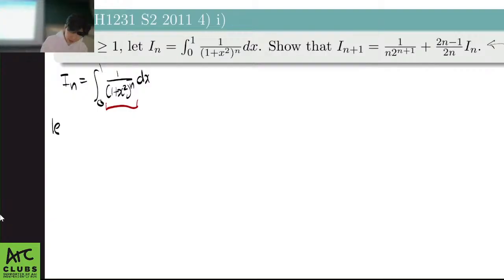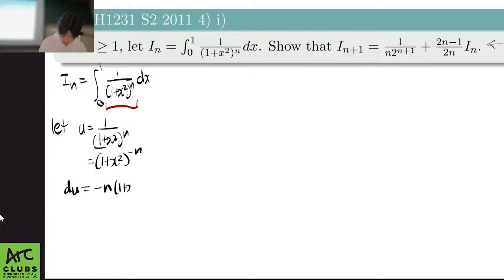So I'm going to let u equal 1 over (1 plus x squared) to the n. So that's just (1 plus x squared) to the minus n. So du is going to be minus n (1 plus x squared) to the minus n minus 1 times 2x dx. And dv is going to be whatever's left, which is 1 dx, because we have nothing else there. So v is going to be x.